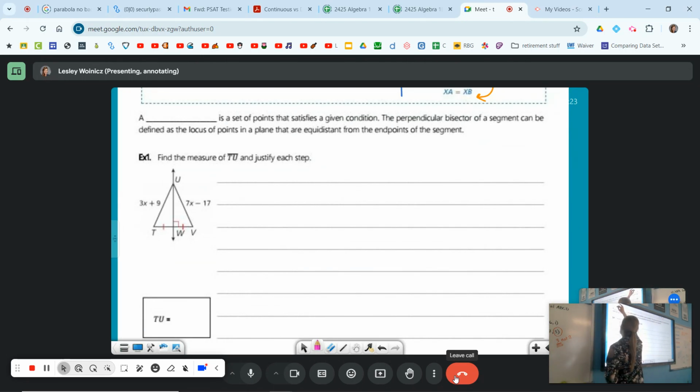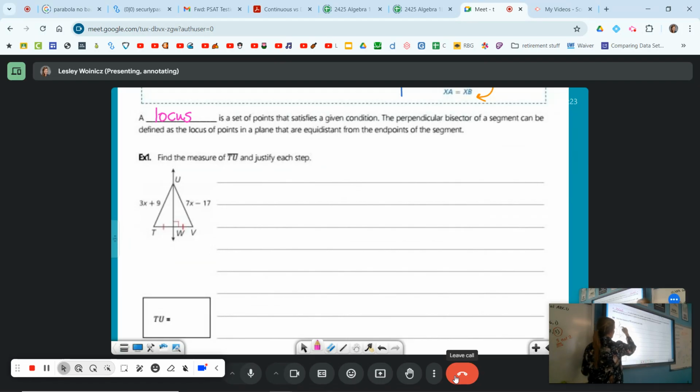Okay, a locus. Do you see the root for location in there? That's from Latin. It's just the set of all the points that satisfies a given condition. So the perpendicular bisector of a segment can be defined as the locus, the location of points in a plane, that are equidistant from the endpoints of the segment.